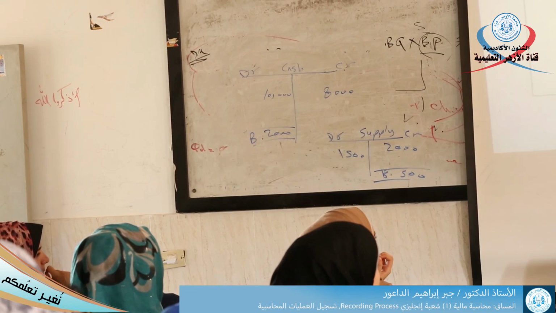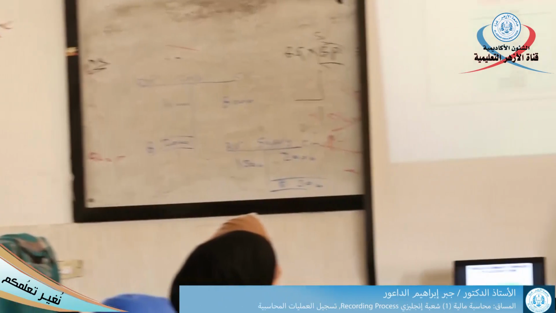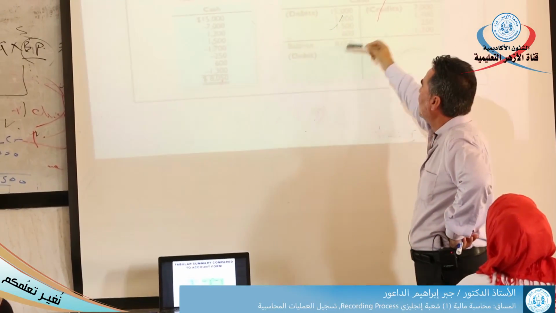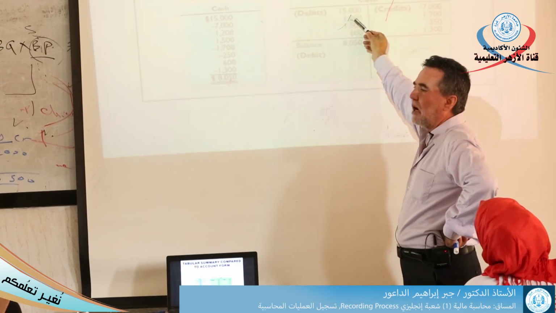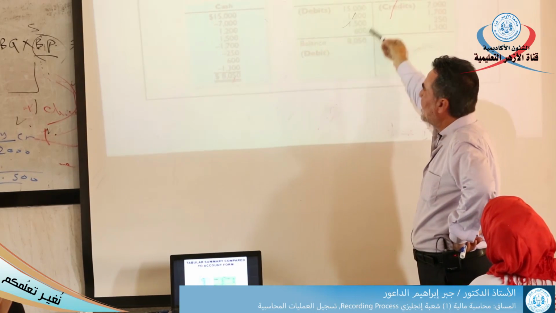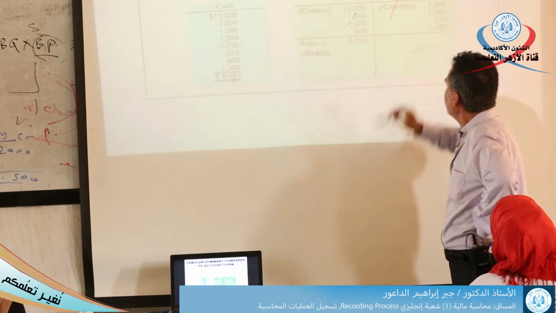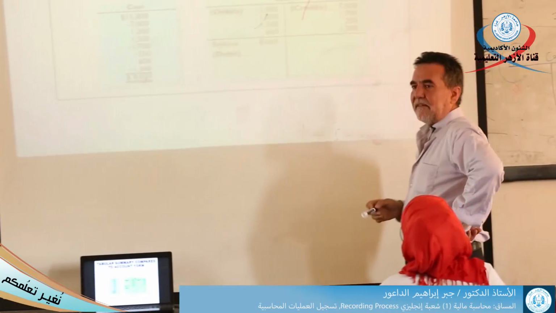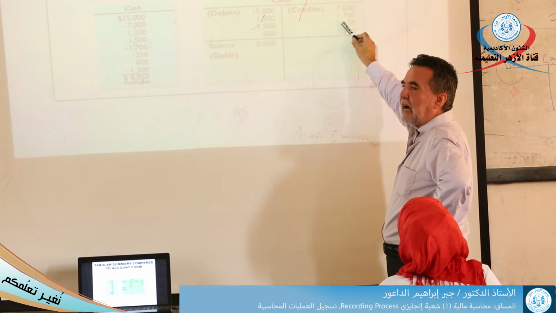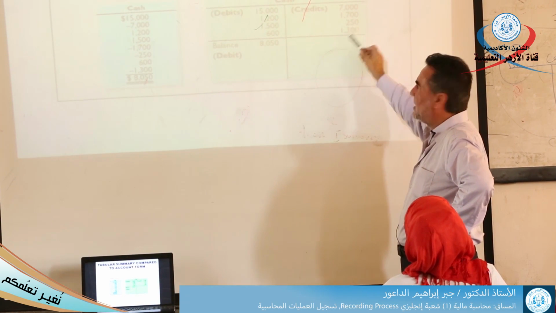Look here. This is a cash account. The amounts here in the DR or debit side: 15,000, 1,200, 1,500, 600. On the CR side: 7,000, 1,700, 250, 1,300.